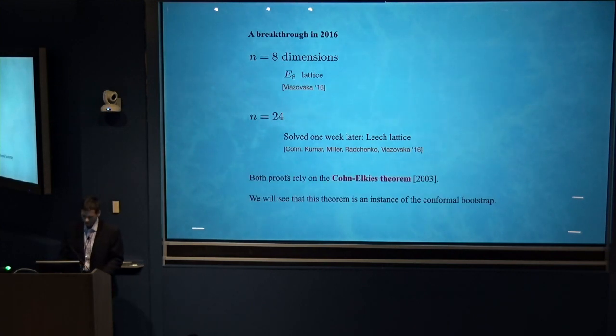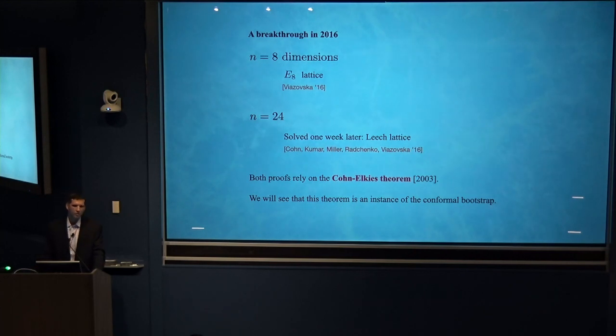These proofs of Viazovska and collaborators rely on an earlier result known as the Cohn-Elkies theorem, which I'm going to tell you a little about, because we'll see that this theorem is in fact an instance of the conformal bootstrap.